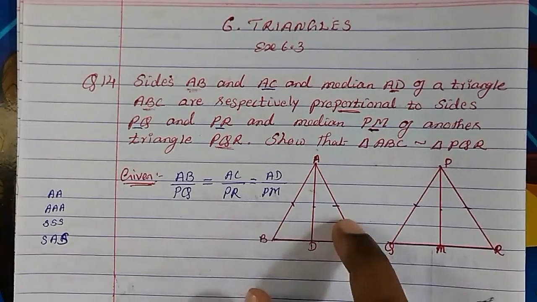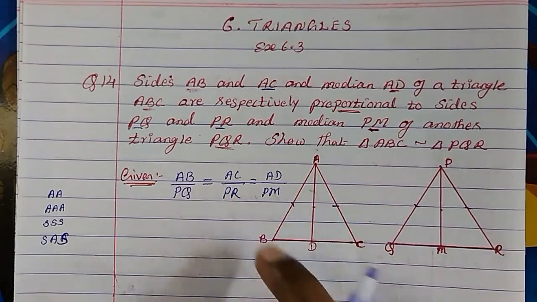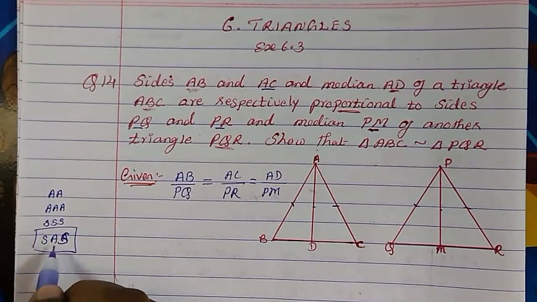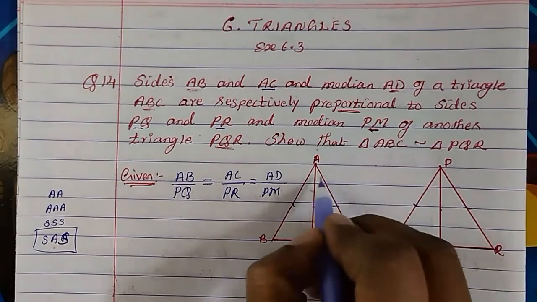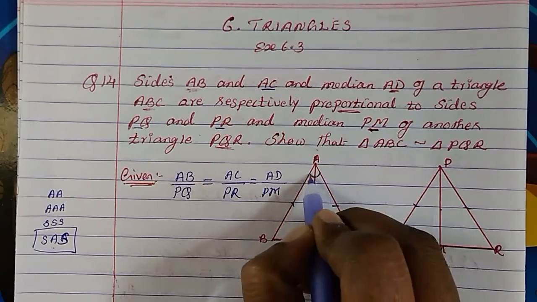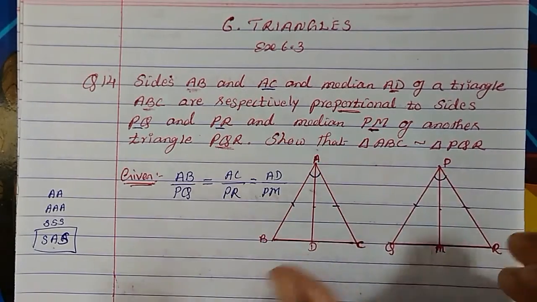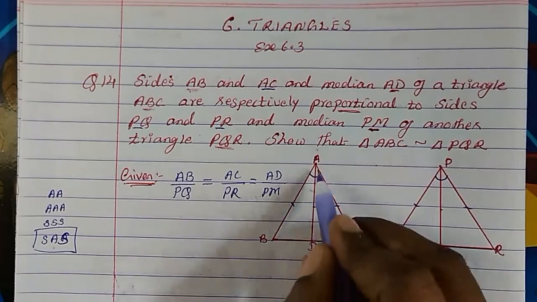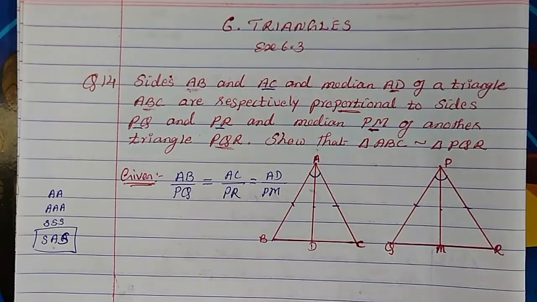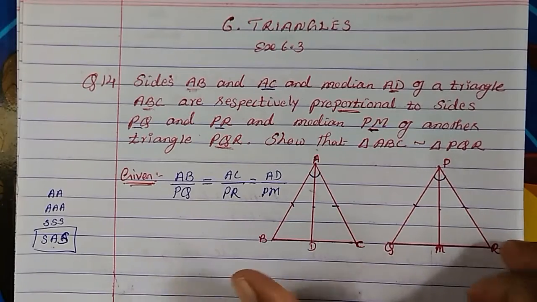That means two sides are already given to us. So if we prove that angle A is equal to angle P, then easily we can say that by side angle side, both the triangles are similar.